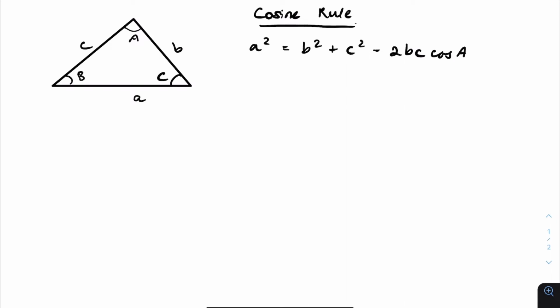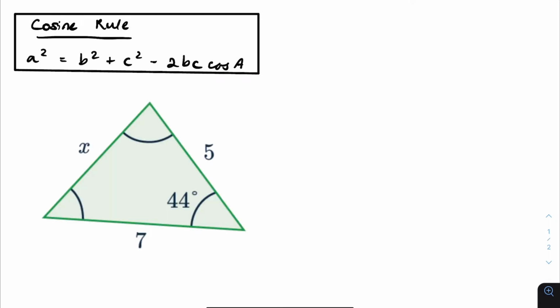So let's go over some examples of this. I've just written the cosine rule at the side, but we're going to look at this problem over here. We're going to try to find the side length x using the information we're given. First we have to identify what our b, c, and angle A are. In this case, x will be our a.